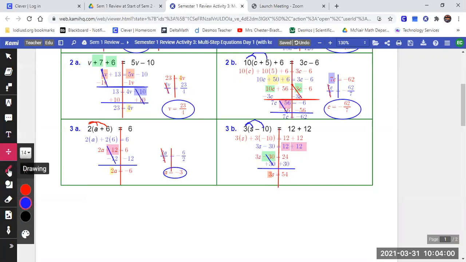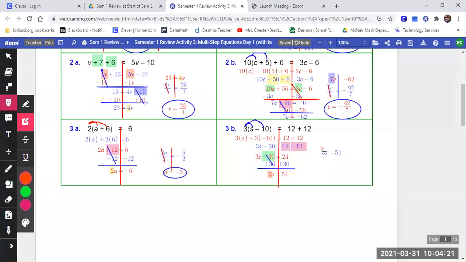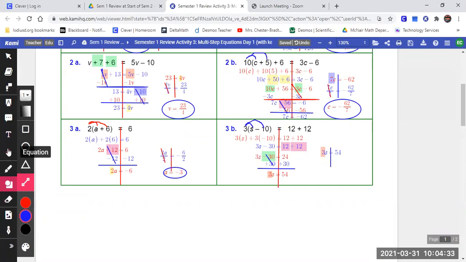So that right now says 3 times S. So how are we going to handle that 3 times the S? What are we going to do? We're going to divide 3 on both sides. Exactly. We're going to get rid of it by doing the opposite of multiply, divide.